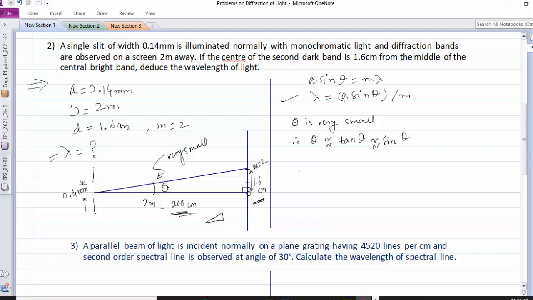So we can find tan theta here, that will be 1.6 divided by 200 centimeter. Therefore theta is equal to, instead of writing tan theta, we can directly write theta here, 1.6 centimeter divided by 200 centimeter. So we will put this in this formula.